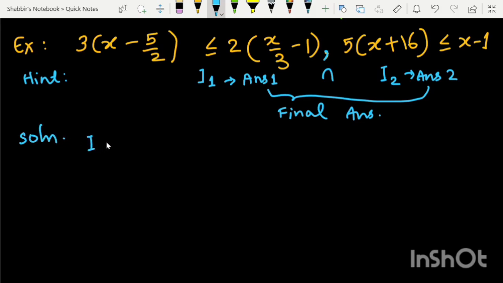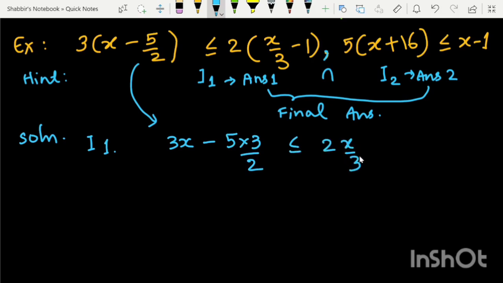Solving inequality number 1. So directly 3 gets multiplied inside, so 3x minus 5 into 3 by 2 less than equal to 2 gets multiplied inside, so 2x by 3 minus 2. So 3x minus 3 5s are 15 by 2 less than equal to 2x by 3 minus 2.